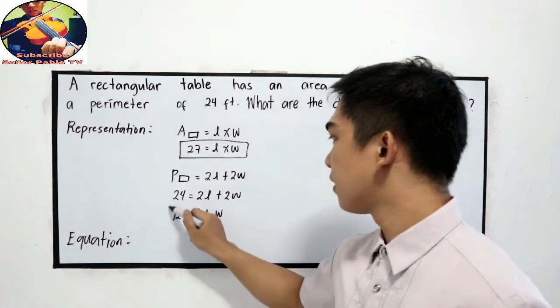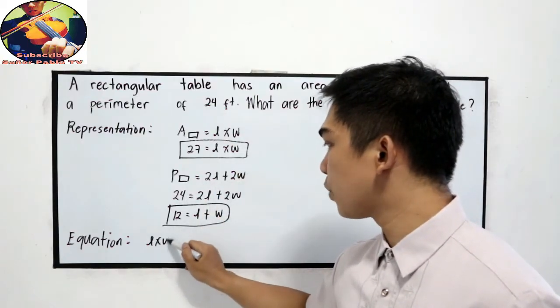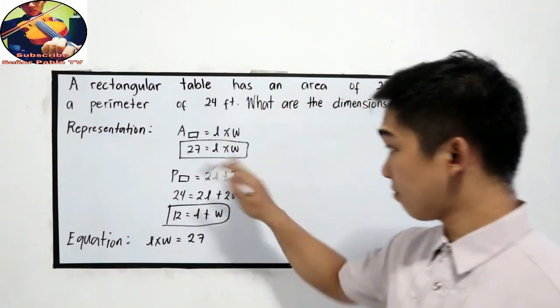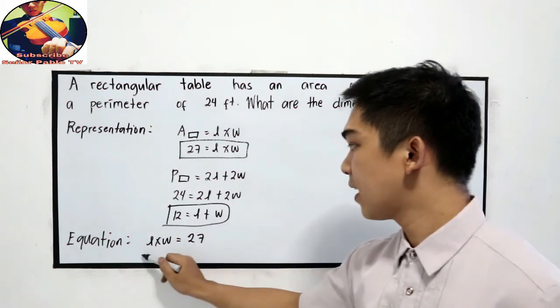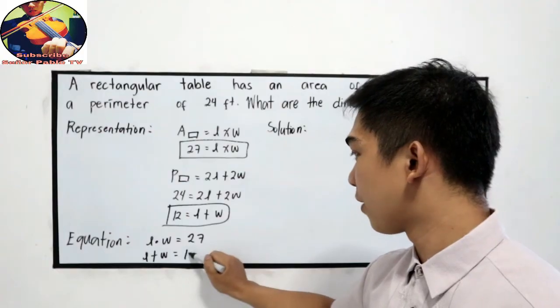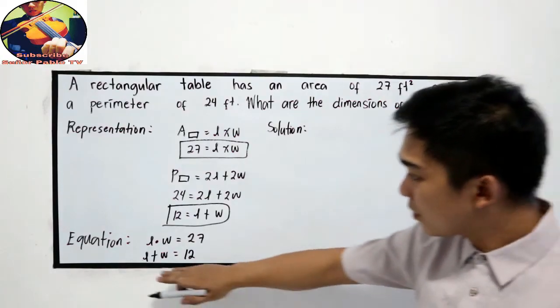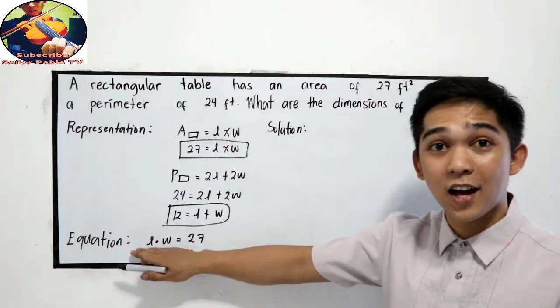Okay, sulat natin sa ating equation. Itong length times width is equal to 27. Then, L plus width is equal to 12. Meron tayong sum and product.